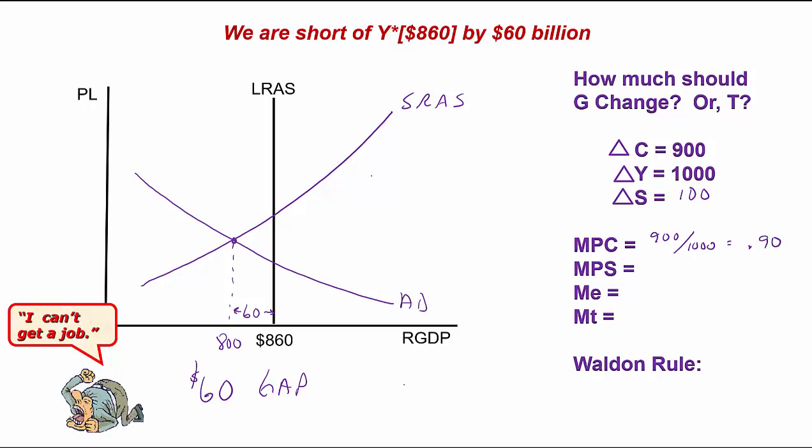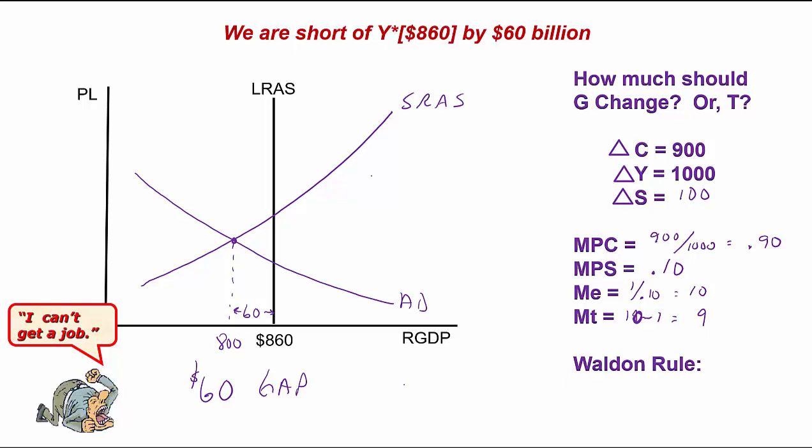And if MPC is 0.9, MPS must be 0.1 because those two have to add up to 1. Our expenditure multiplier should be 1 over 0.1, which is 10. And that means our tax multiplier, which is ME minus 1, will be 9.